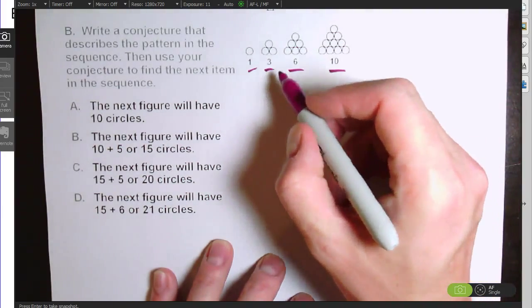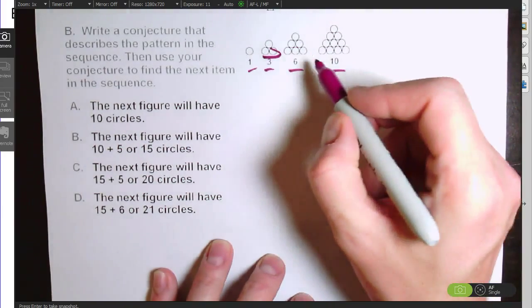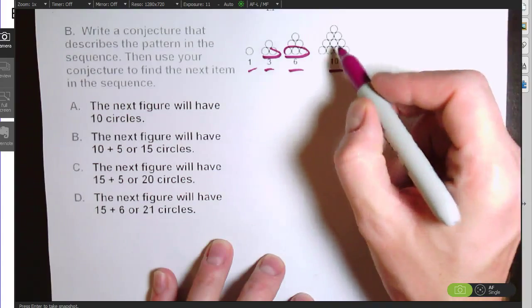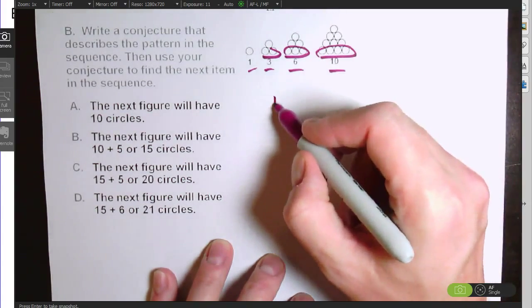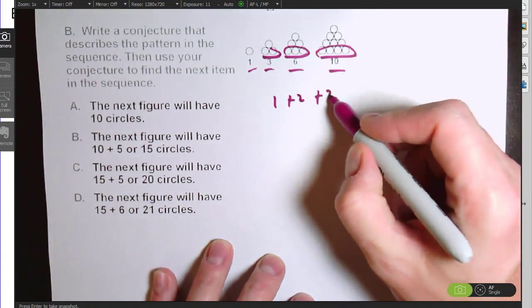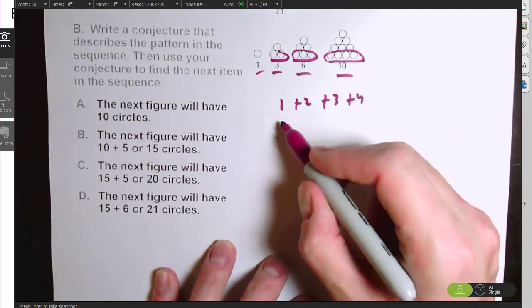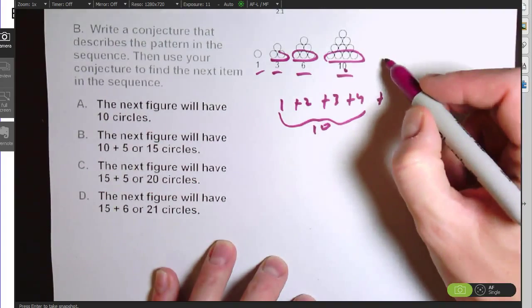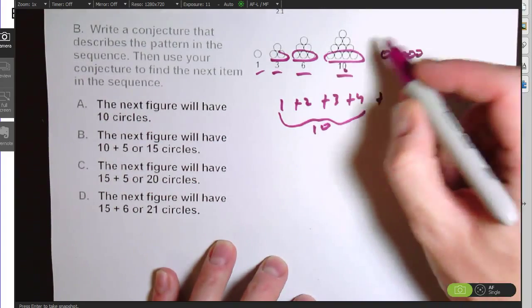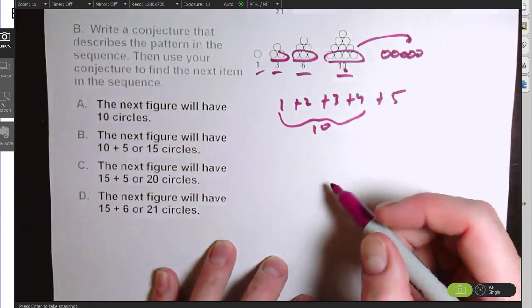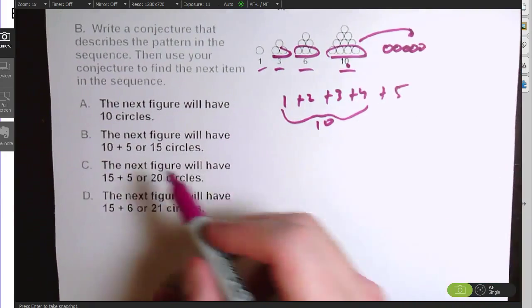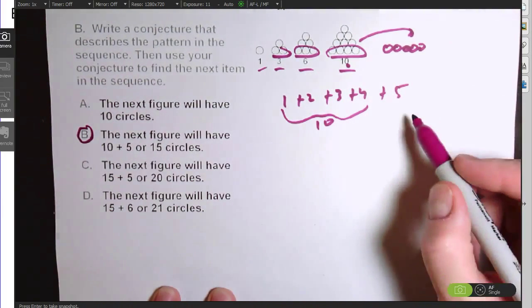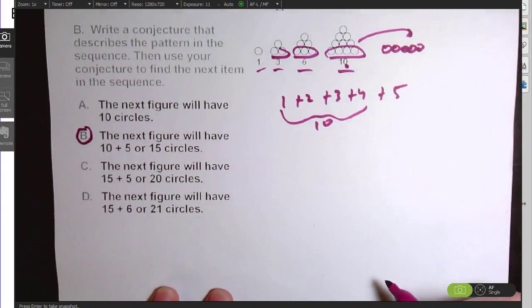So hopefully what you catch is that I had 1 and then I added 2, took the previous figure, added 3, then took that and added 4. So I'm just adding 1 plus 2 plus 3 plus 4, which gives me the 10 that I have here. To get the next one, I'd have to add 5. So 10 plus 5 gives me 15 circles, which is B.